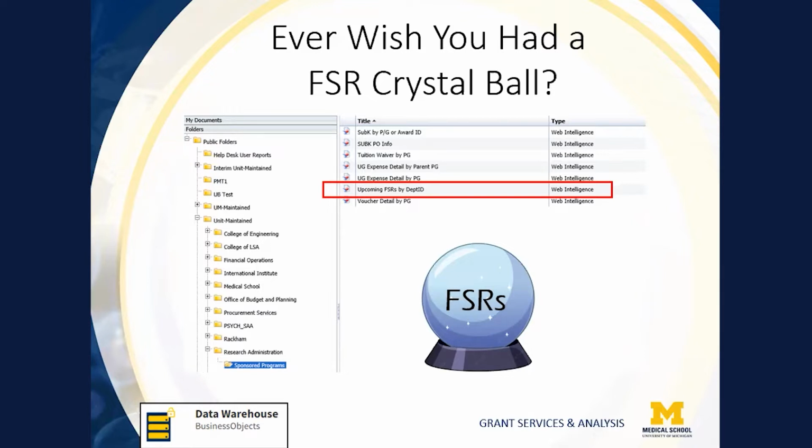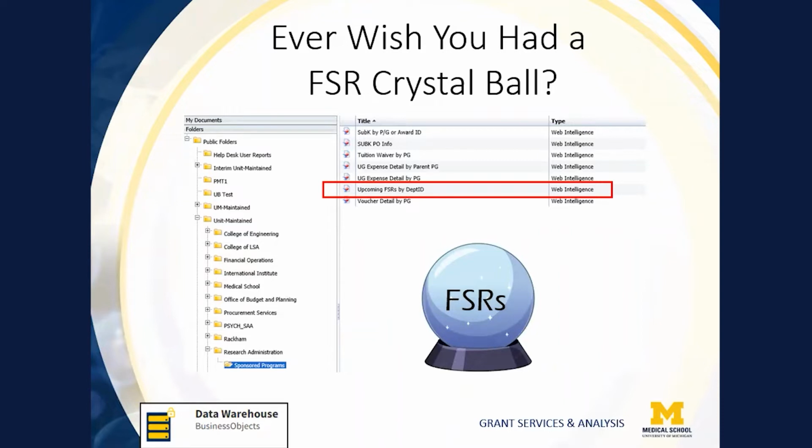That report is in the unit maintained folder. There's a research administration folder, and then there is a sponsored programs subfolder in there. So again, this is a pre-canned report. You don't have to write the query yourself.